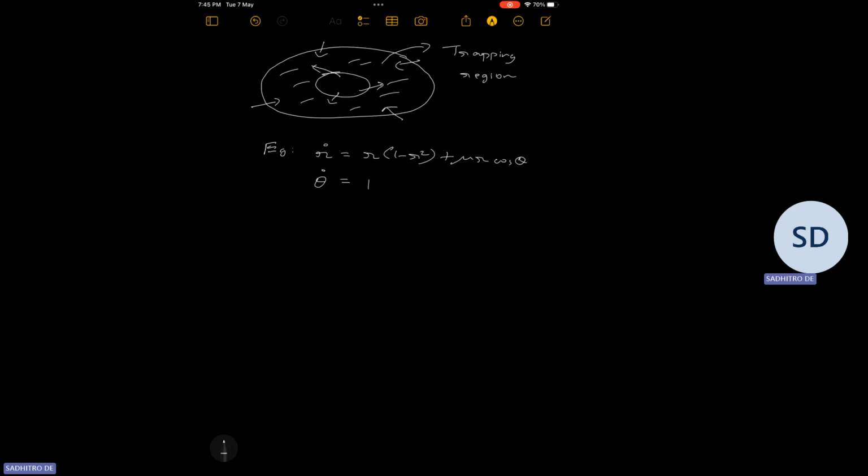So when mu is equal to 0, we saw in an earlier example that a limit cycle exists whose radius r is equal to 1.